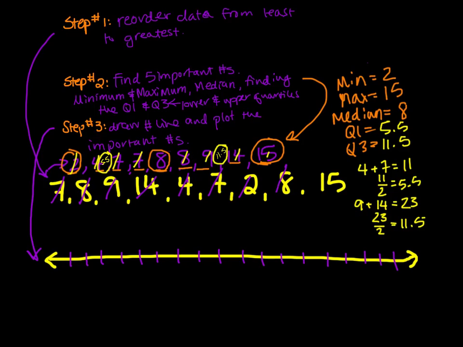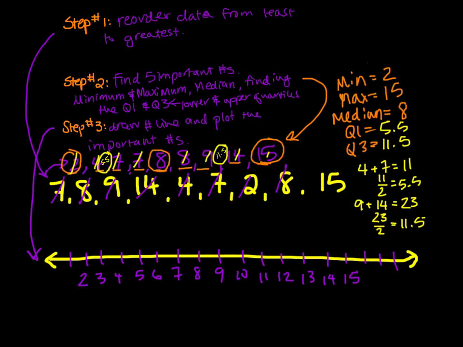And let's hope that I just wrote enough dashed marks. So we know our minimum is 2, so I'm going to start with 2, 3, 4, 5, 6, 7, 8, 9, 10. Looks like I'm good. 11, 12, 13, 14, and 15. And so now this is how we plot it.